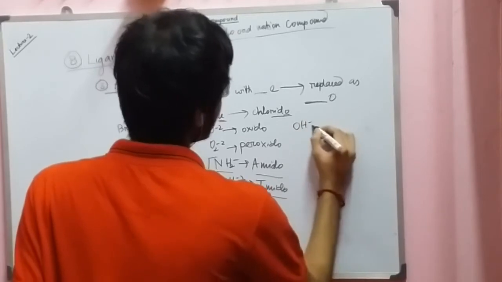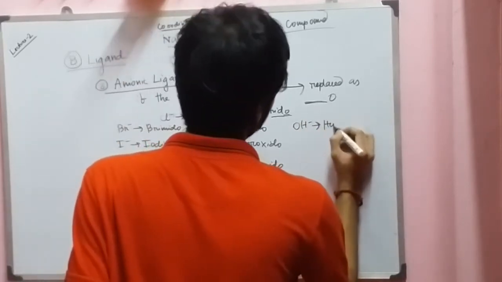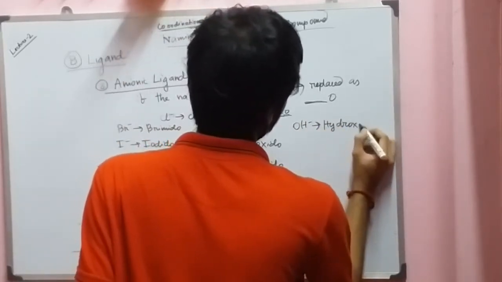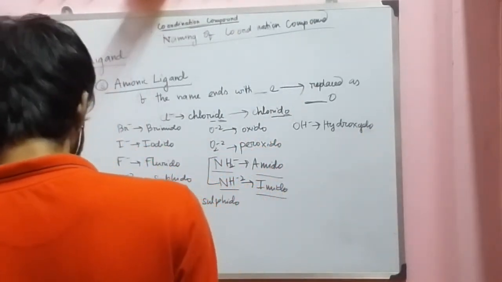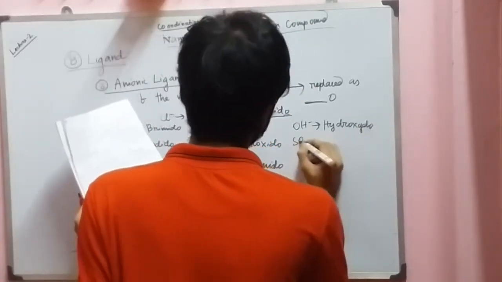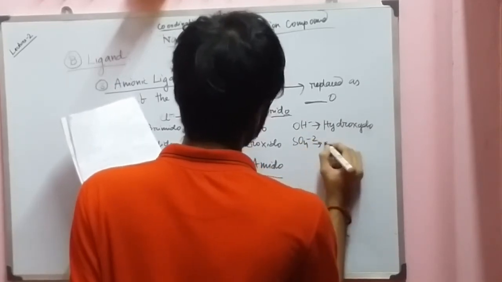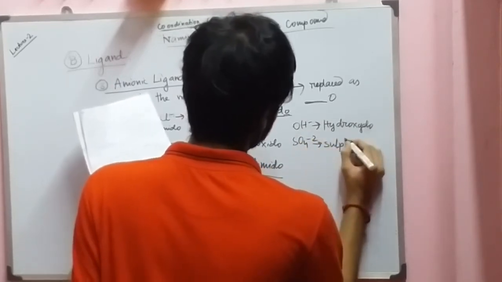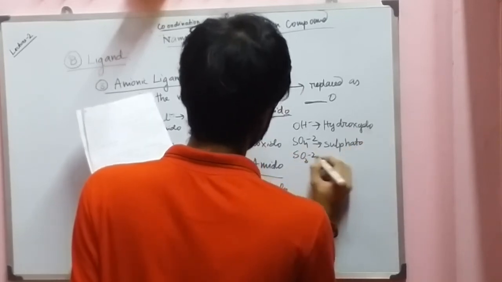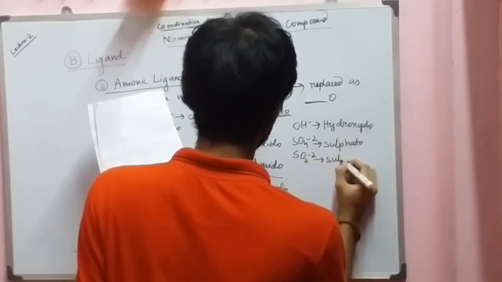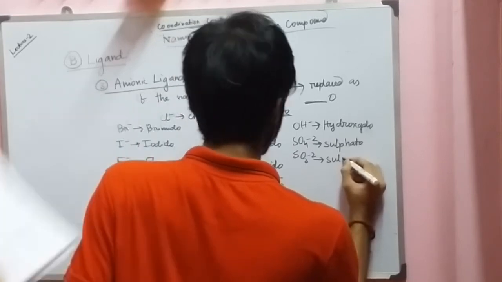OH minus is hydroxido. Then SO4 2 minus is sulfato, SO3 2 minus is sulfito.